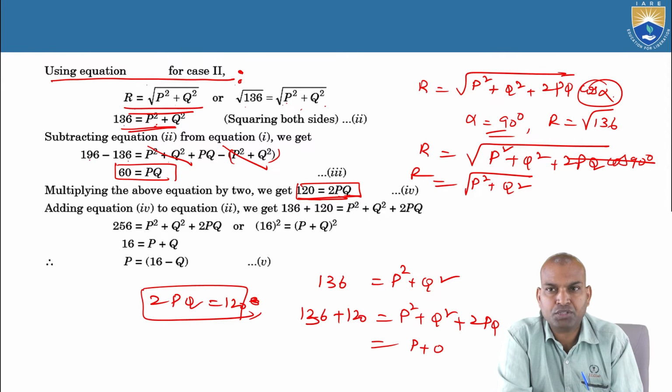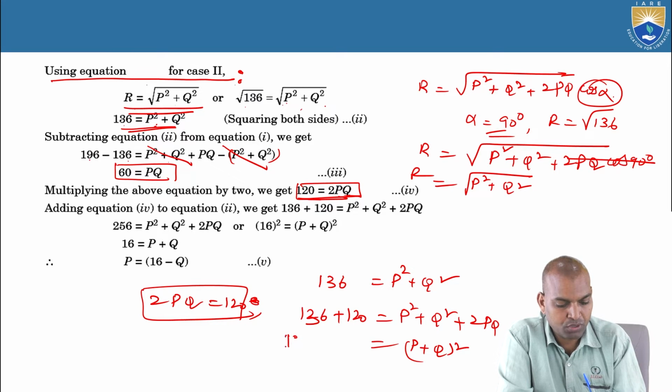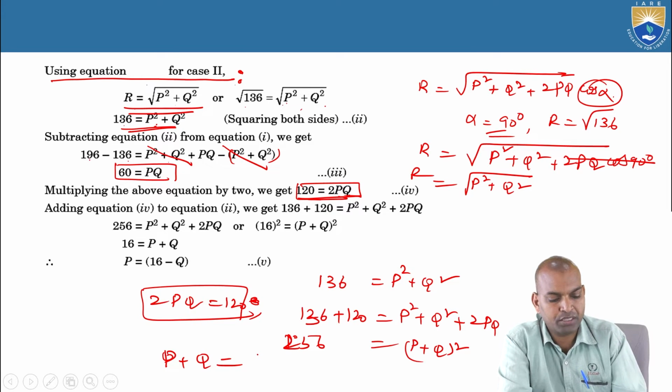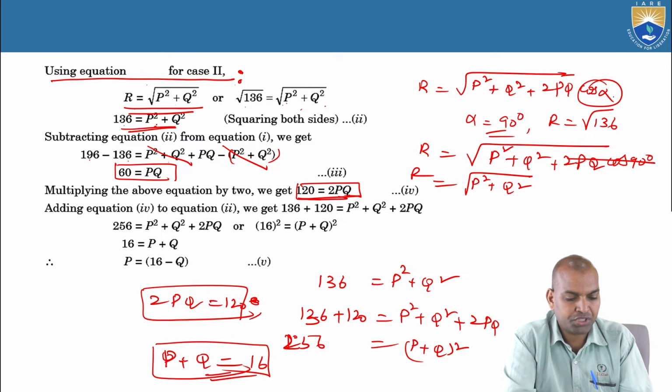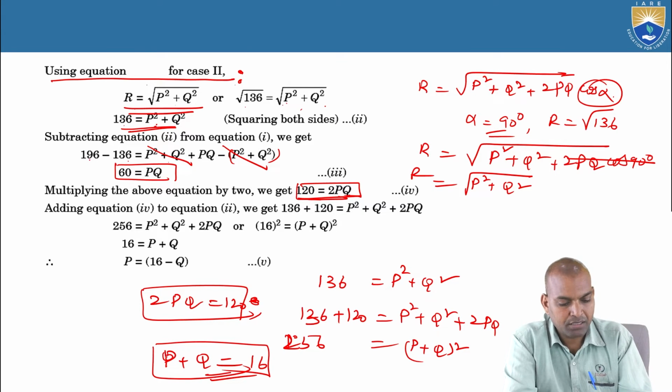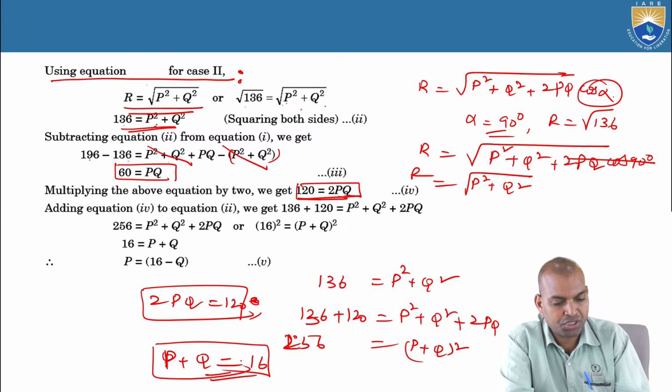Now p square plus q square plus 2pq equals (p plus q) whole square, which equals 136 plus 120, that becomes 256. From that, p plus q equals the square root of 256, that becomes 16. So p plus q equals 16.